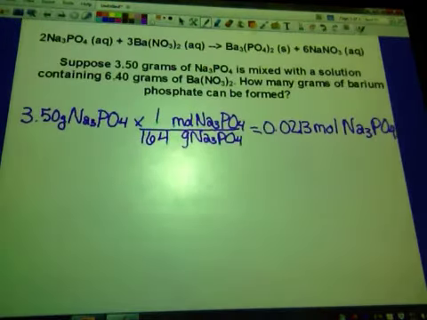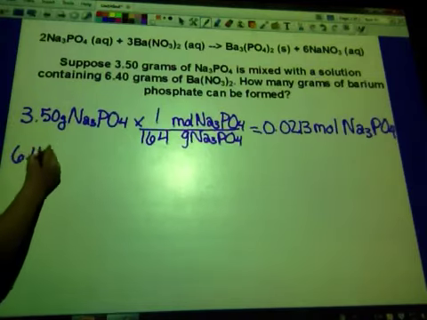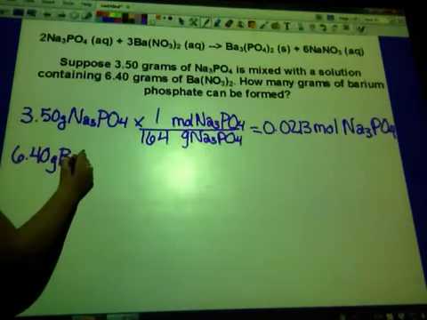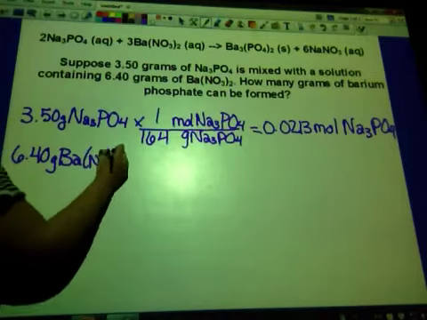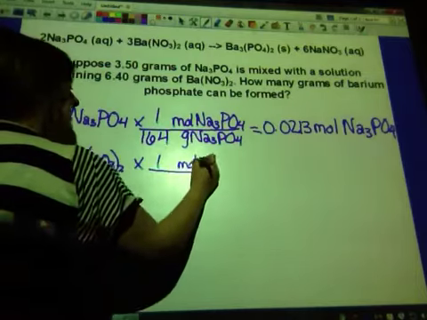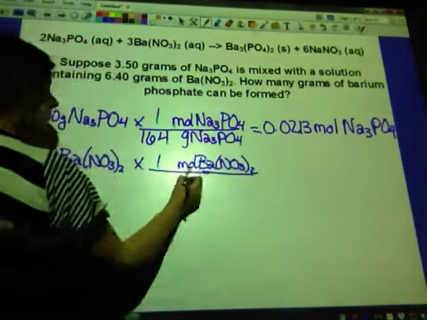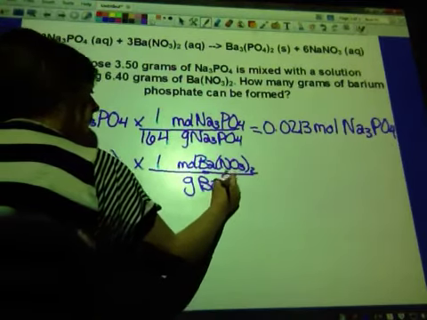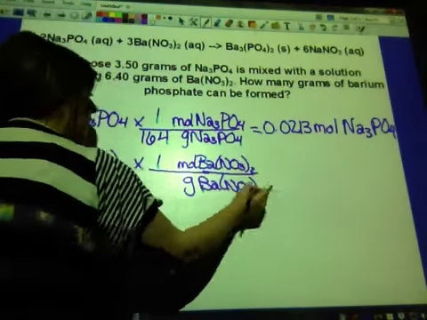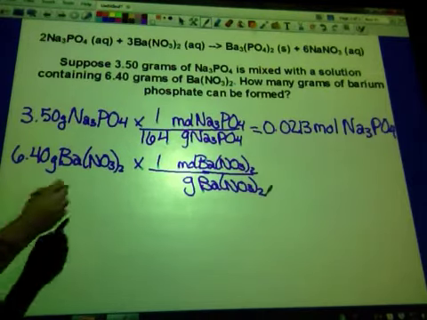Okay, I need to do the exact same thing for barium nitrate. So I was given 6.4 grams of barium nitrate. I want to change that to moles. And if I look up my grams based on my periodic table, I would know that that is 261.